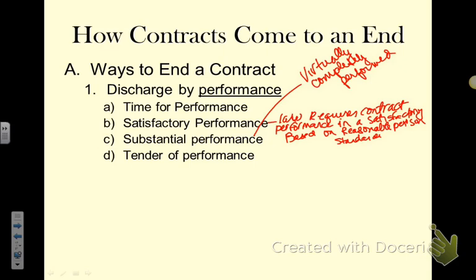Satisfactory performance, typically speaking, says the law requires a contract to be performed in a satisfactory fashion based on the reasonable person standard.